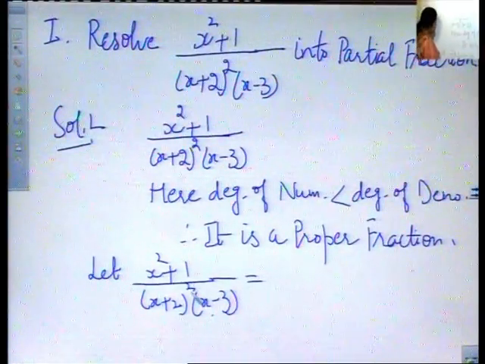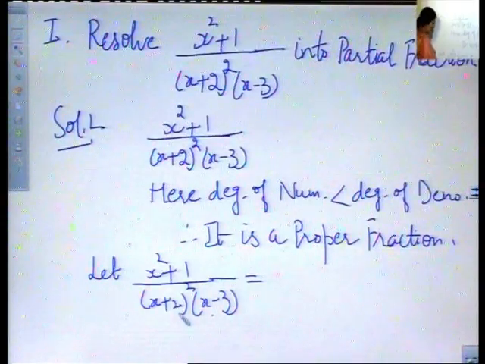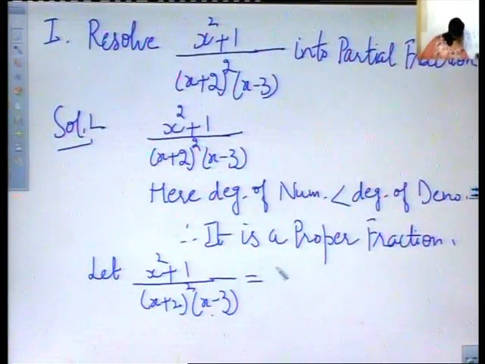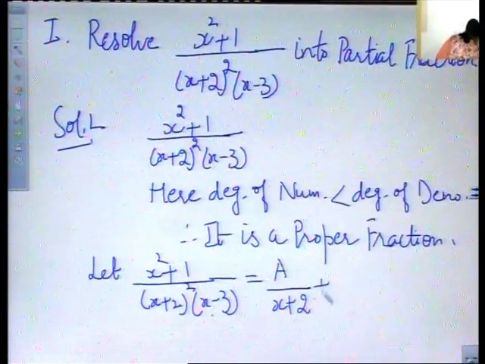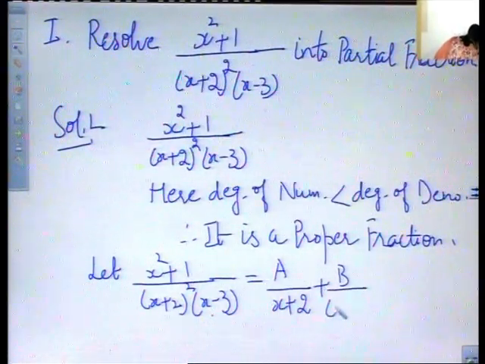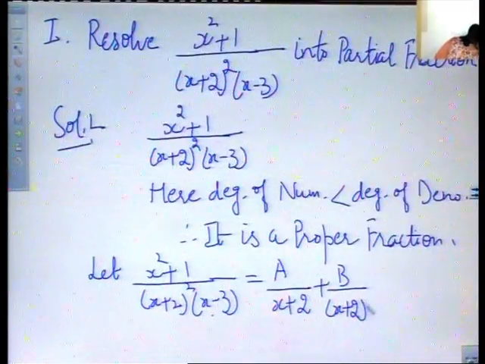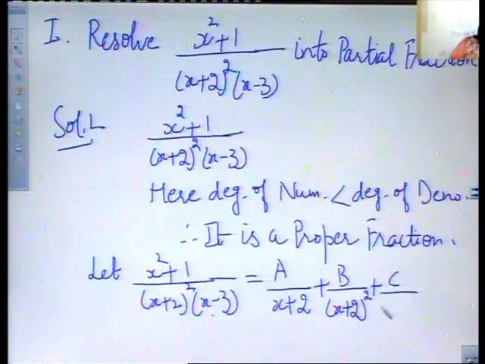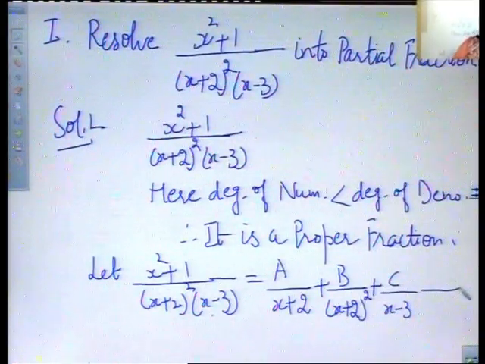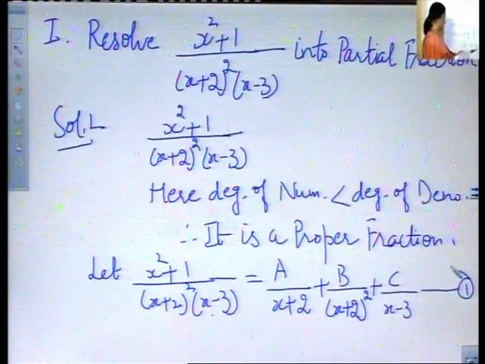So, we will split this factor into two partial fractions, and we will write this as a over x plus 2 plus b over x plus 2 whole square plus c over x minus 3, and let us mark this as equation number 1.